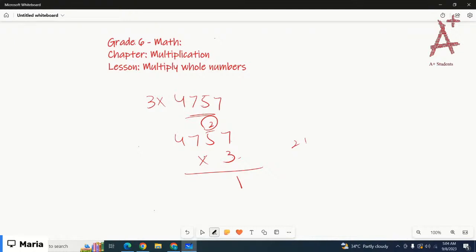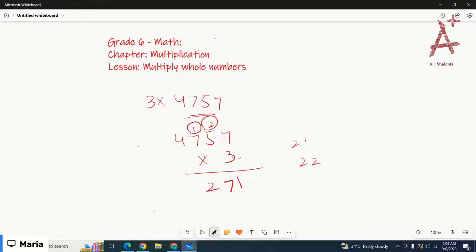Now you have to multiply 3 to the tens digit. 5 is the digit at the tens position. So 3 times 5 is 15 and 2 is 17. Write 7 here and carry 1. Same thing with the hundreds digit. 7 is at the hundreds position, right? 3 times 7 is 21, you already have a carry, 21 plus 1 is 22.